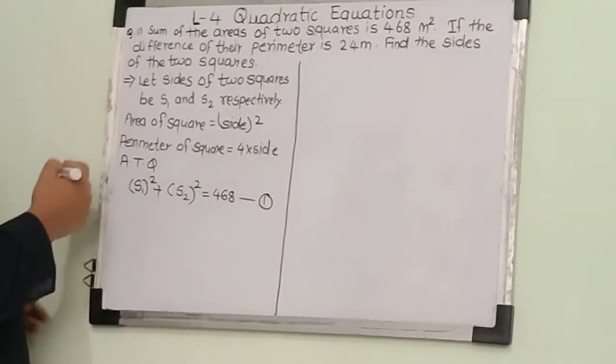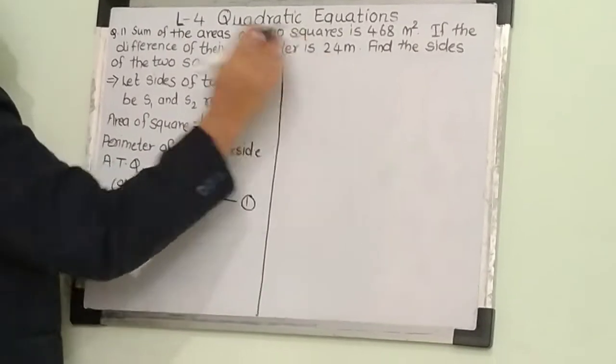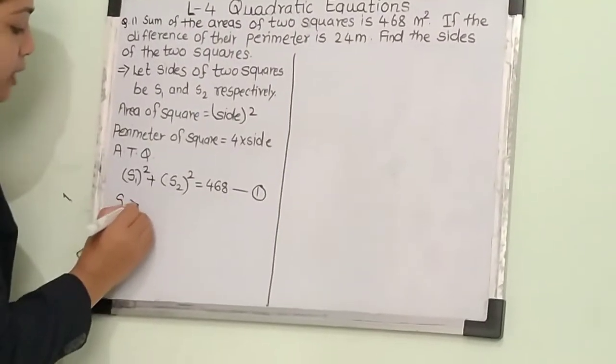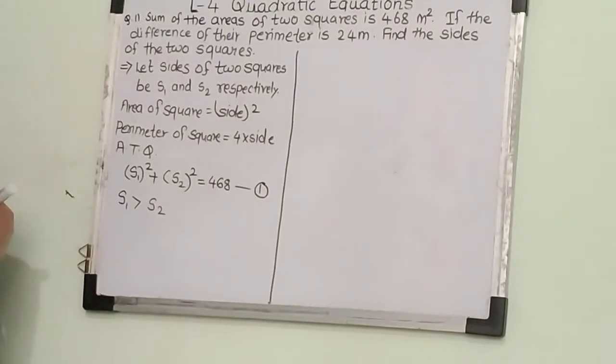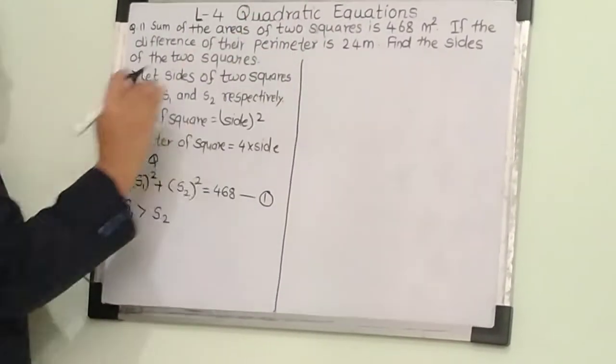Now the second equation. What is given? The difference of their perimeters is 24. Suppose I consider the side S1 is greater than S2.